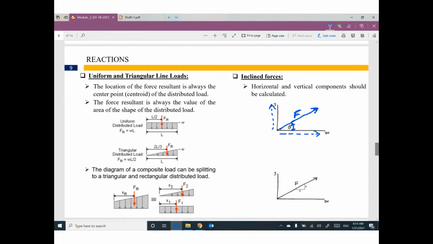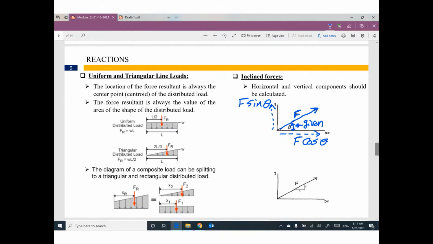Which one is cosine and which one is sine? The component adjacent to the given angle, the horizontal one, will be F cosine theta. The component far away from the angle will be sine. So we have F sine theta.